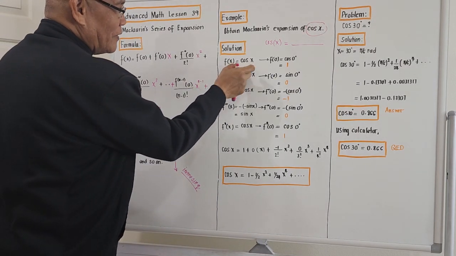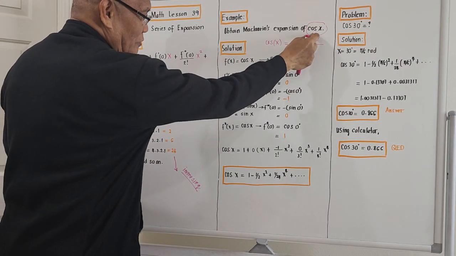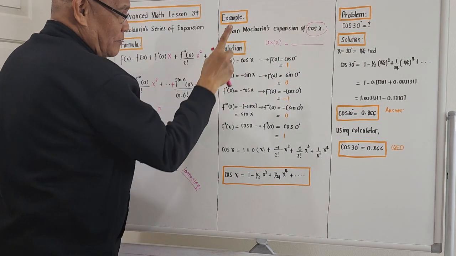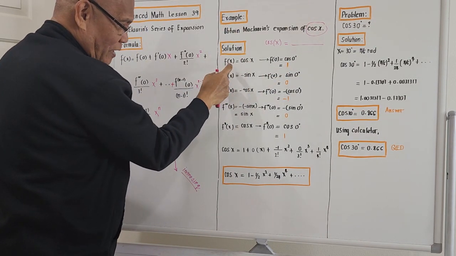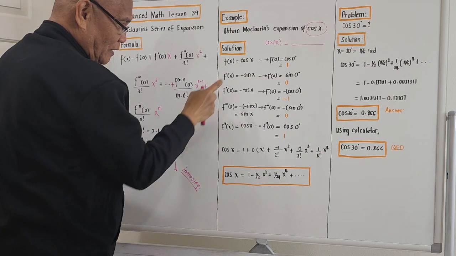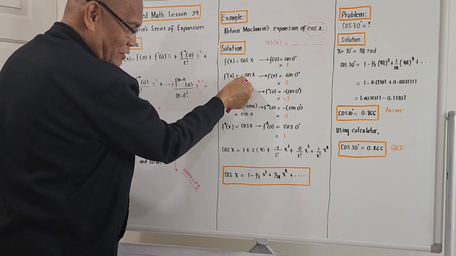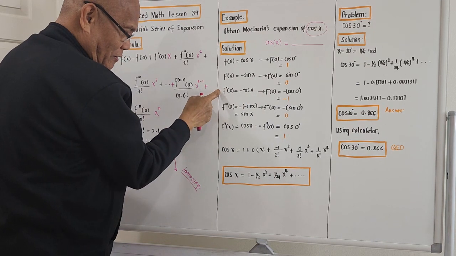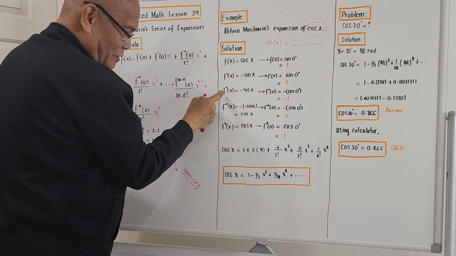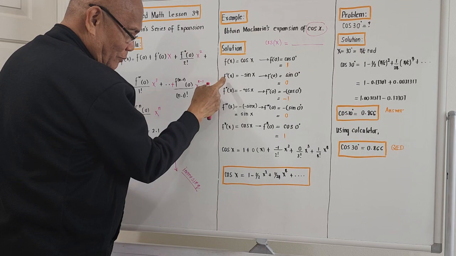Function of x will be cosine of x, the given equation. F prime of x, meaning the first derivative of the function. The derivative of cosine is minus sine, so f prime of x will be minus sine of x. We will take the second derivative, which will be the derivative of the first derivative.